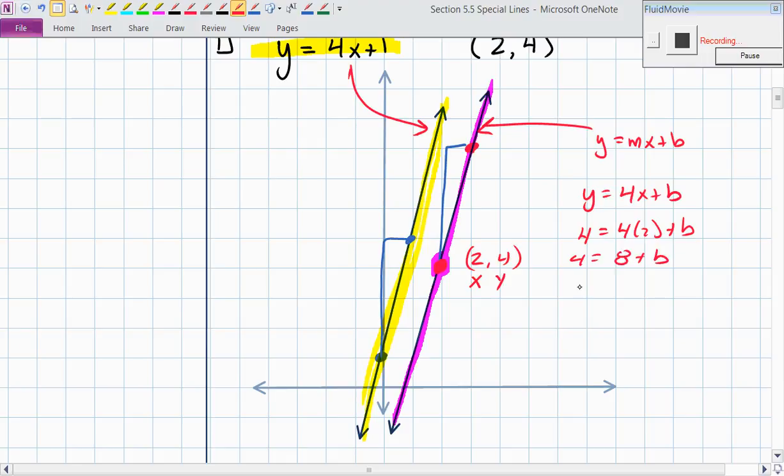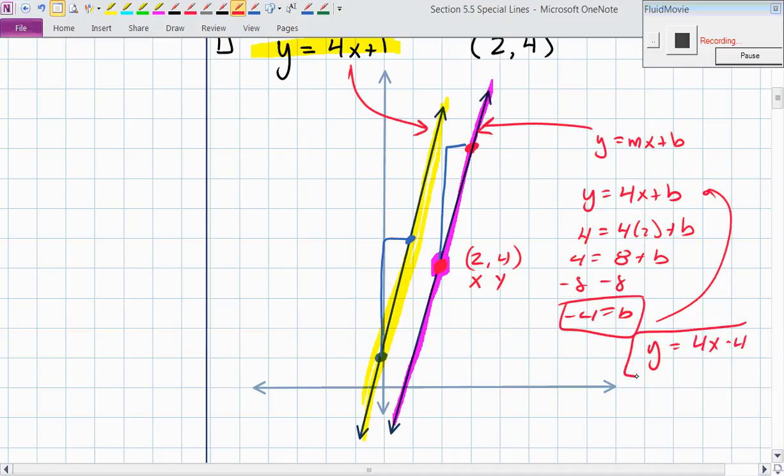So if I subtract 8 from both sides, negative 4 equals b. So if I rewrite this into my equation, I get y equals 4x minus 4. And this is the equation of the line that is parallel to y equals 4x plus 1 and passes through the point (2, 4).